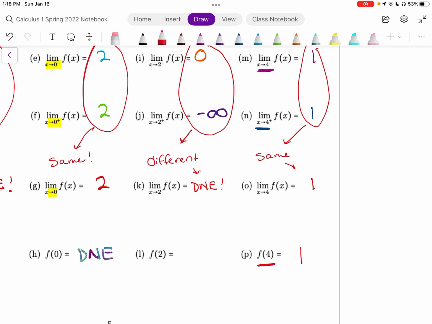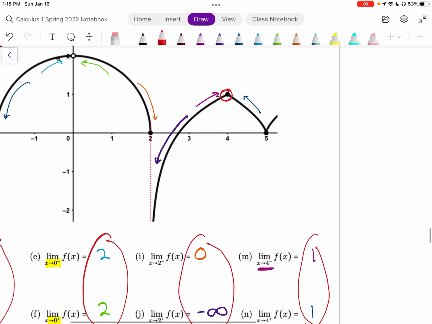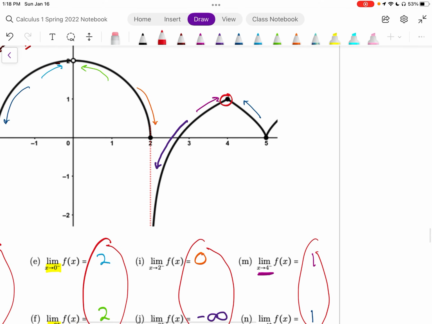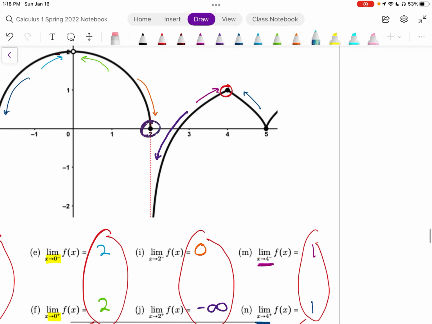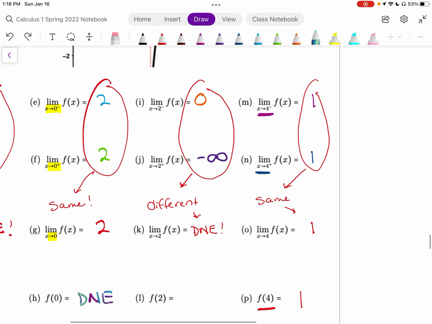They can be different or the same. All right, let's go find f of 2. F of 2 is right there, so that means that f of 2 is just 0.